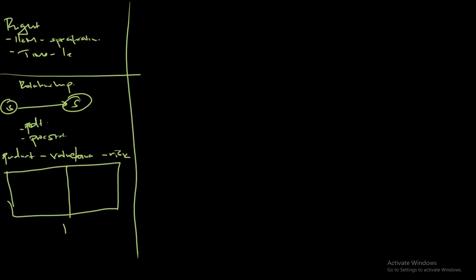You can have a product whose value or quantity being used can either be high or low. Then we can have a product whose risk can be high or low. So on this section we have the quantity, and on this section we have risk. It can also be value related, but let's simplify them. So we have four possible scenarios.